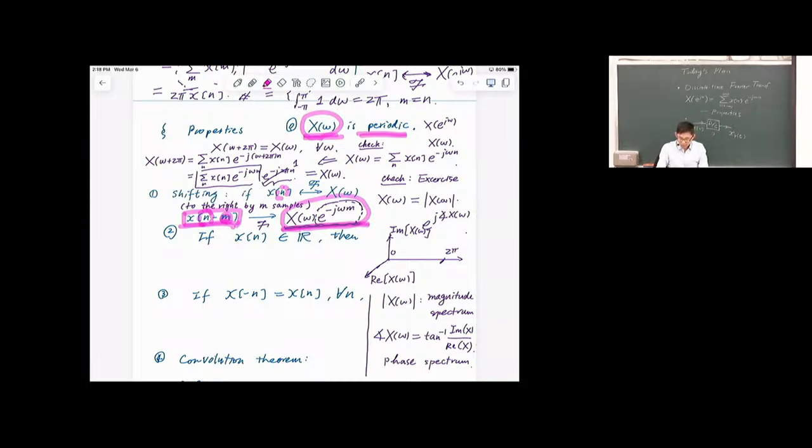The magnitude doesn't change. Please remind me that I will talk about what happens if x[n] is real.